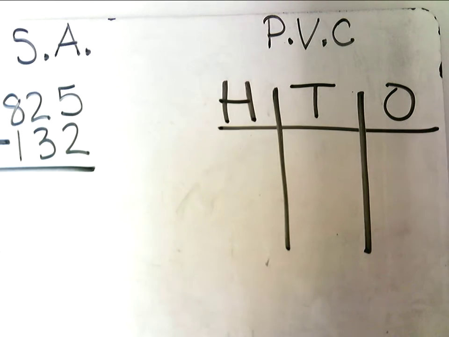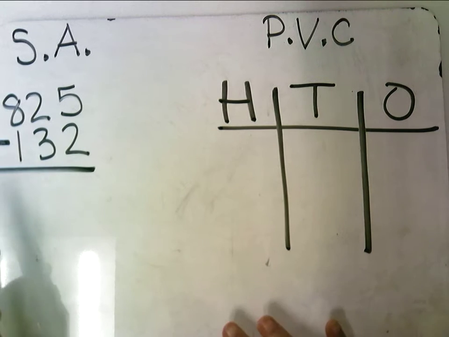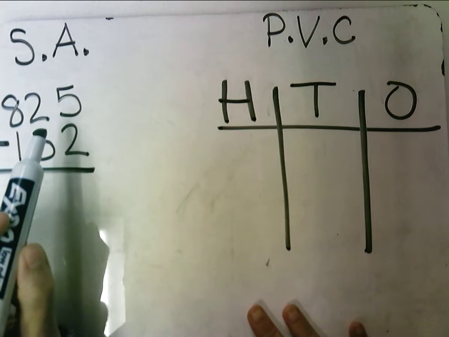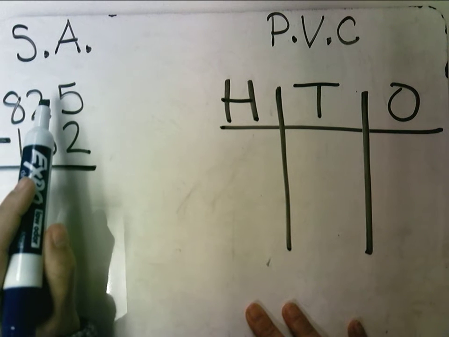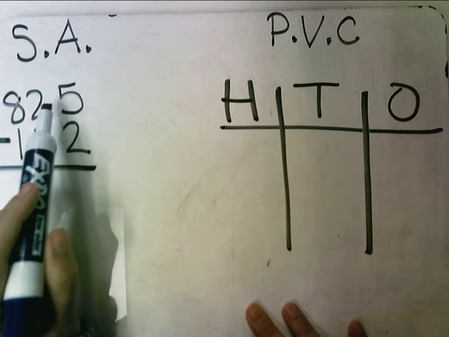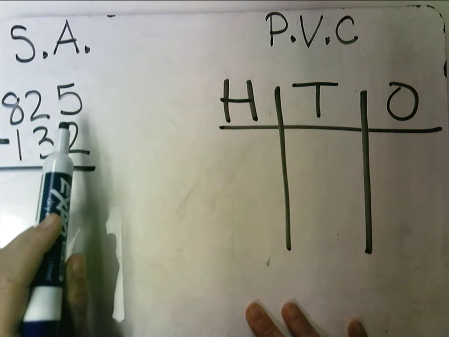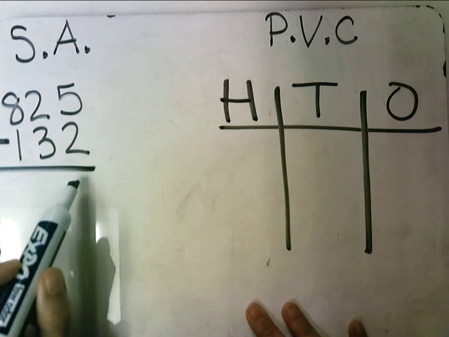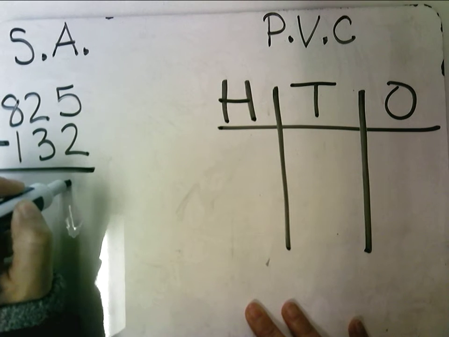Let's get ready to subtract. Look at your vertical subtraction problem. How many ones do we need to subtract from the 5 ones that there are right now? Just 2 ones. And we can subtract 2 ones from 5 ones. So 5 minus 2, we already know that would be 3.